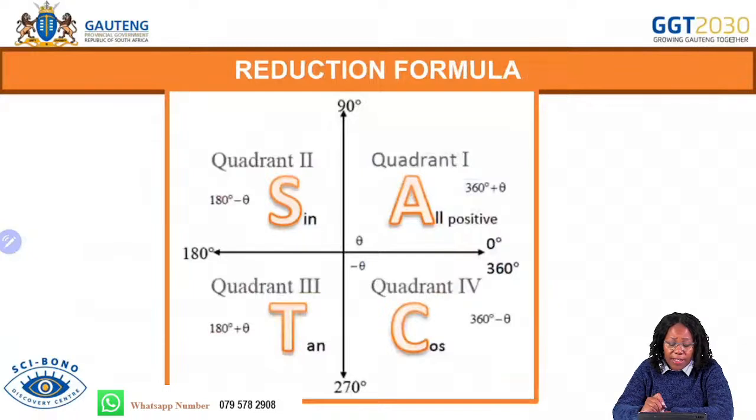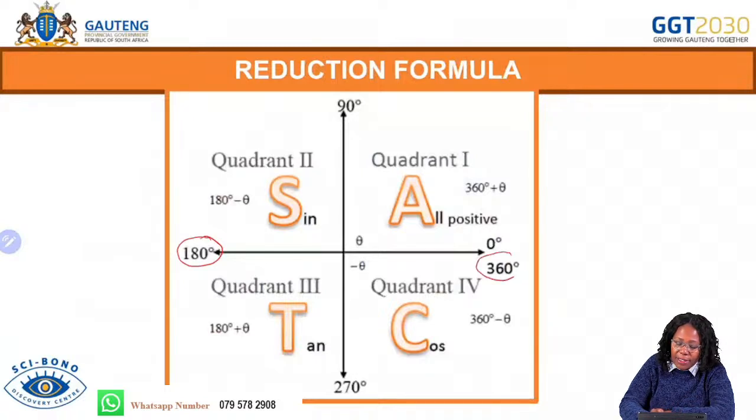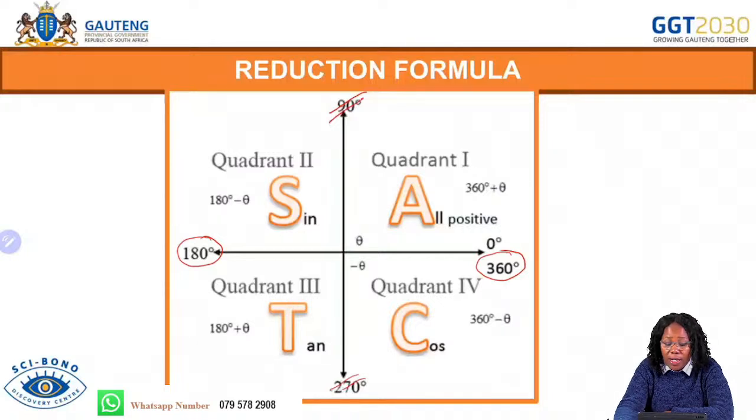In this case, we are going to consider only reduction of 180 and 360, grade 12. We do not use 90 and 270 on reduction in technical mathematics. So now in quadrant 2, remember we are counting our quadrants. This is our first quadrant, but we count them anti-clockwise.